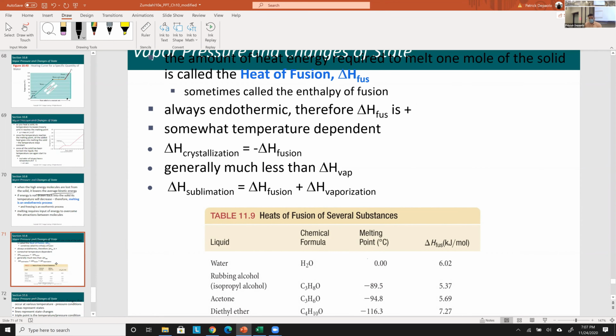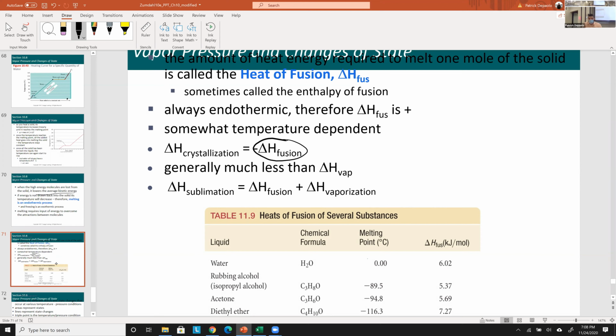So here's the heat of fusion again. The heat of fusion, which is the energy that's required to go from a solid to a liquid, is the same energy as the energy needed to go from a liquid to a solid, obviously.